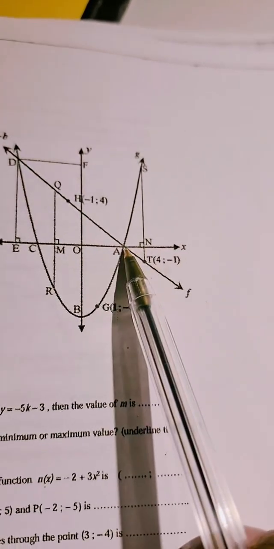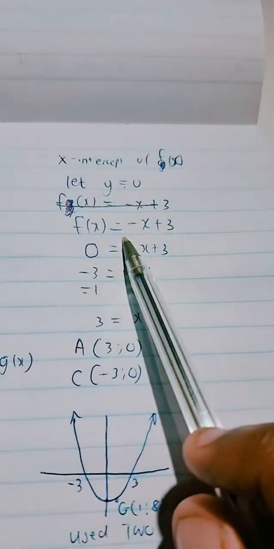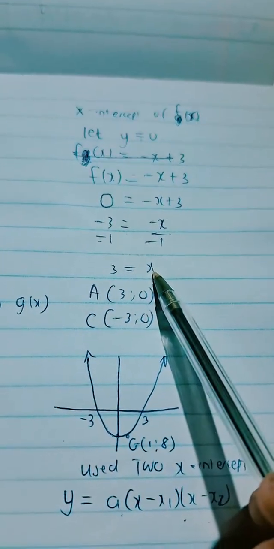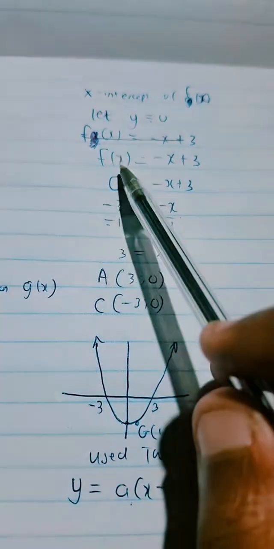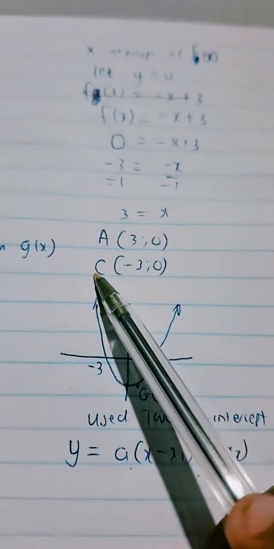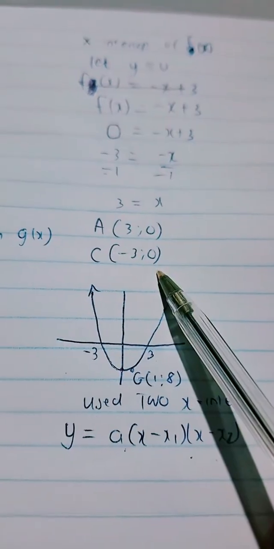We let y be equal to 0. And then what did we get? We got x is equal to 3 for the x-coordinate of A, whilst y is 0. Then C, we also got.